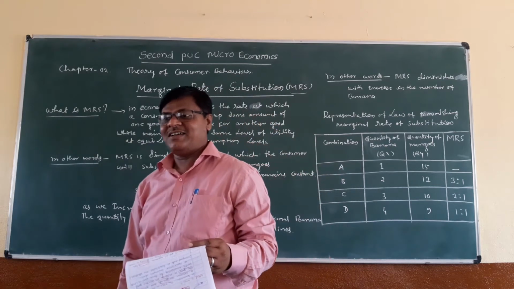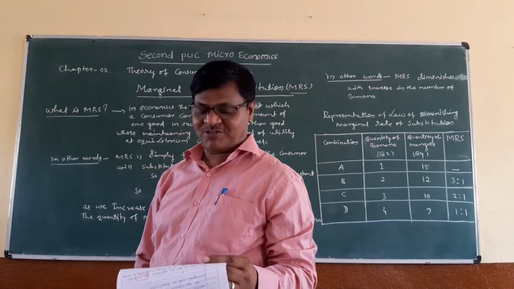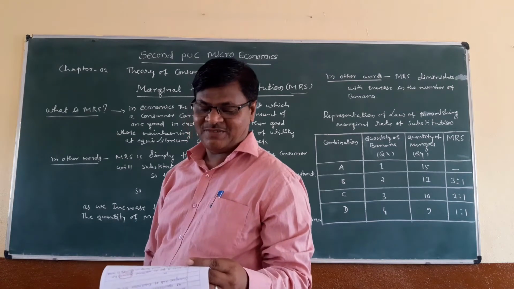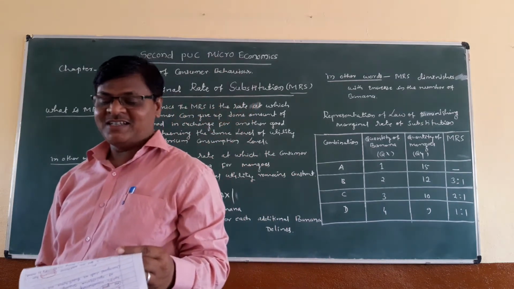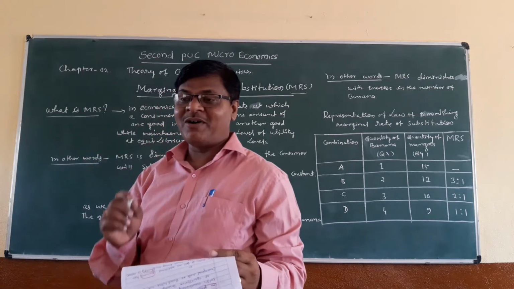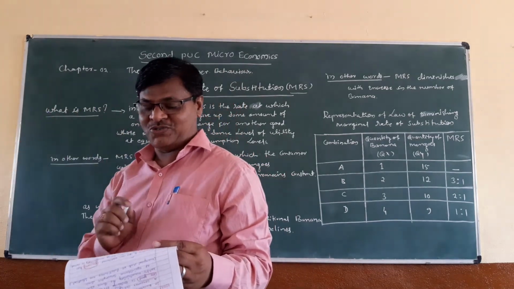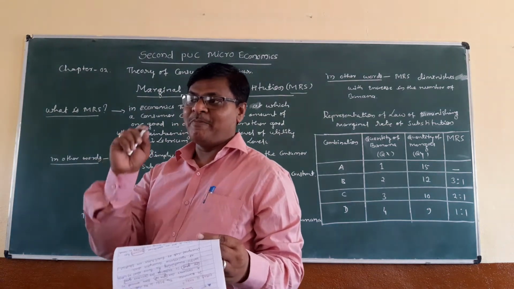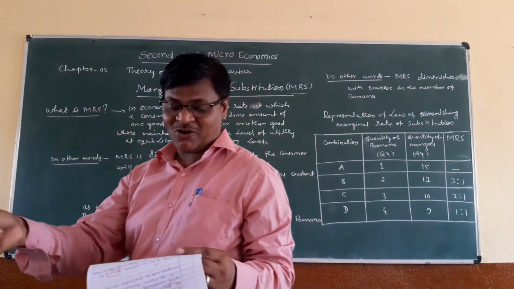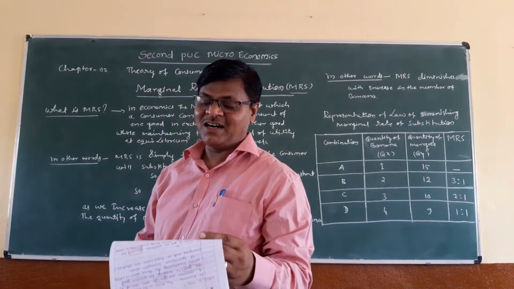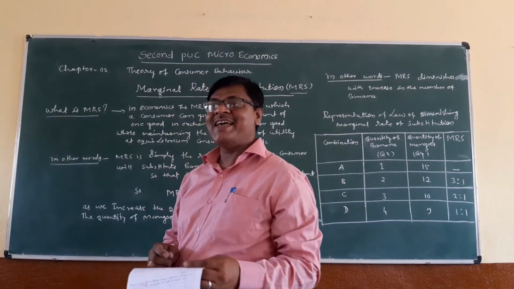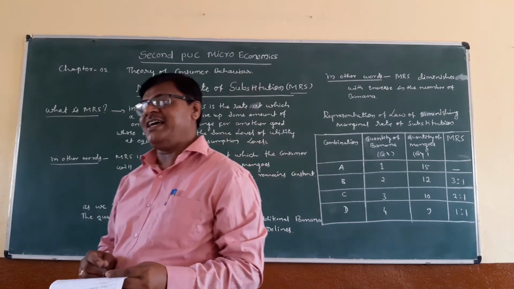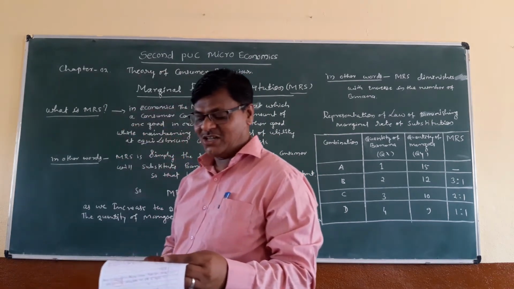MRS, marginal rate of substitution, is simply the rate at which the consumer will substitute bananas for mangoes, so that her total utility remains constant.